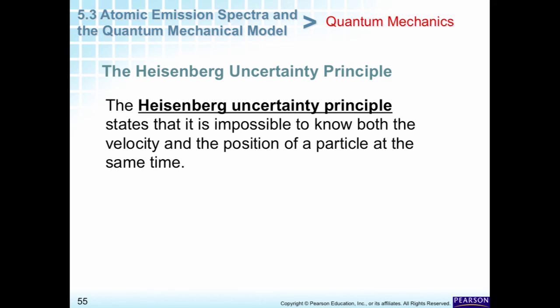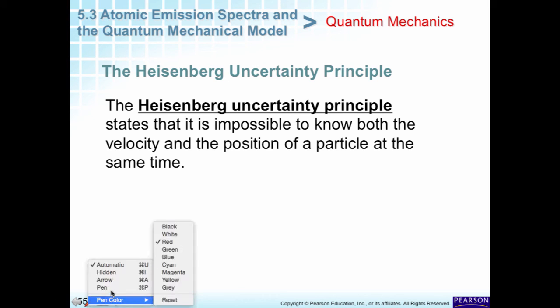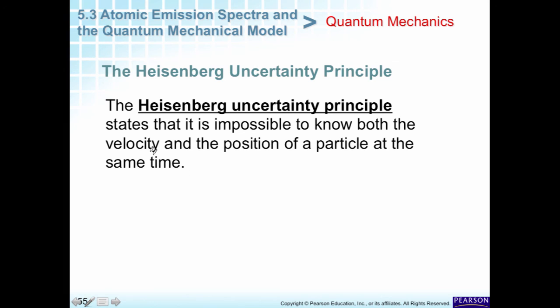Now, very important thing, if you've watched the show on TV that's over now, you heard of Heisenberg. Well, it's not the same Heisenberg. This Heisenberg was much older. Okay? The Heisenberg uncertainty principle states that it is impossible to know both the velocity and position of a particle at the same time.